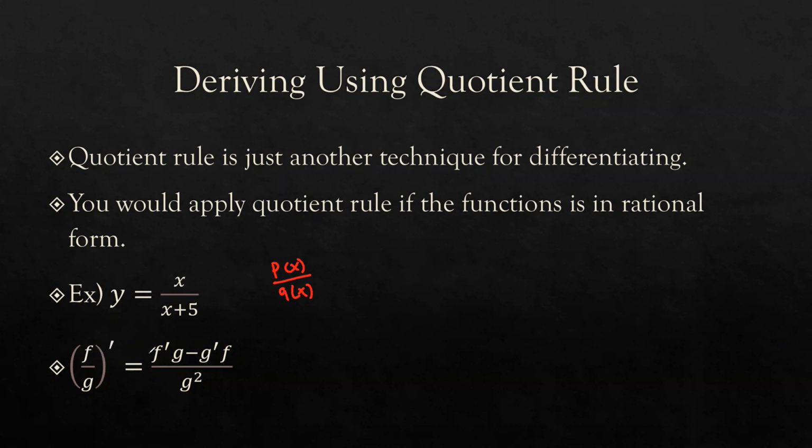The quotient rule is slightly different than the product rule. It's f prime times g minus g prime times f, all over g squared.